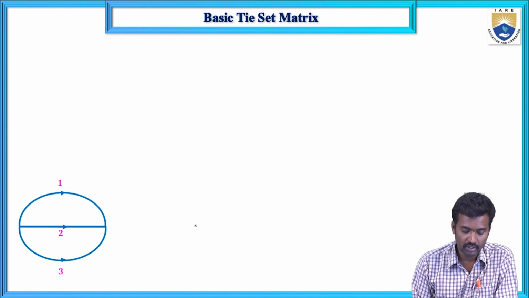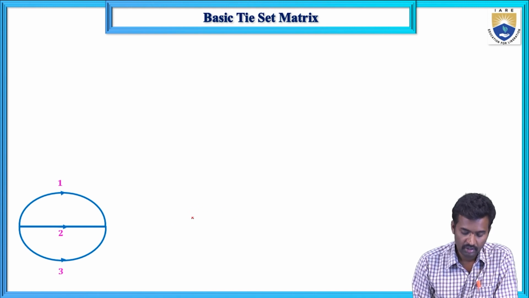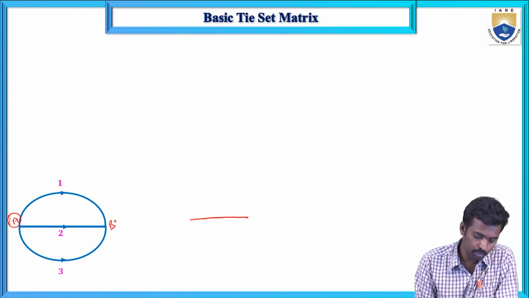So first, what are the steps to find the basic tie set matrix? First, select any one tree. Here the tree should consist of one A node and this B node.